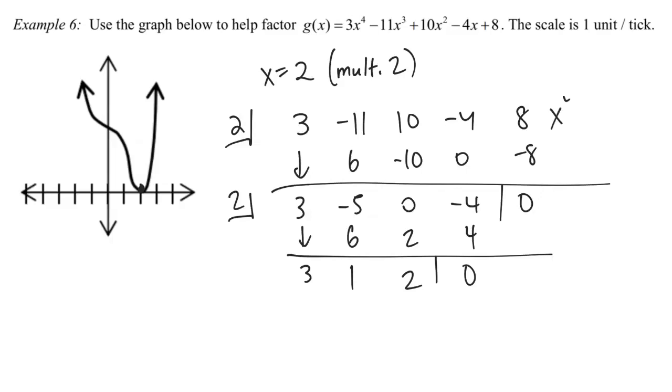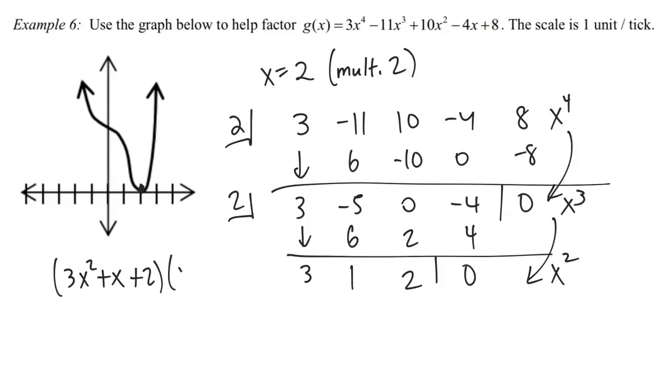So what happened here? We started with x to the 4th. We synthetic divided once to get to x cubed. We synthetic divided again to get to x squared. And so therefore my irreducible quadratic is going to be 3x squared plus x plus 2. And then my other factor is going to be x plus 2. Sorry, not x plus 2.